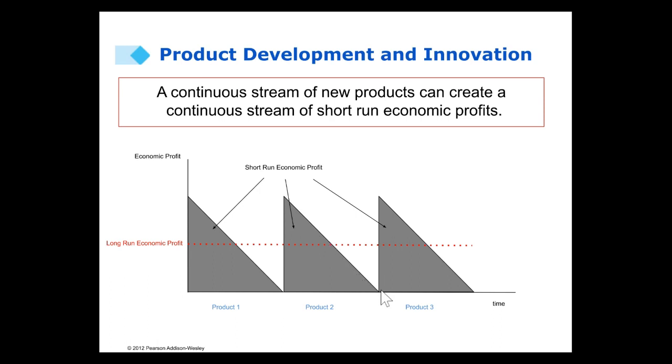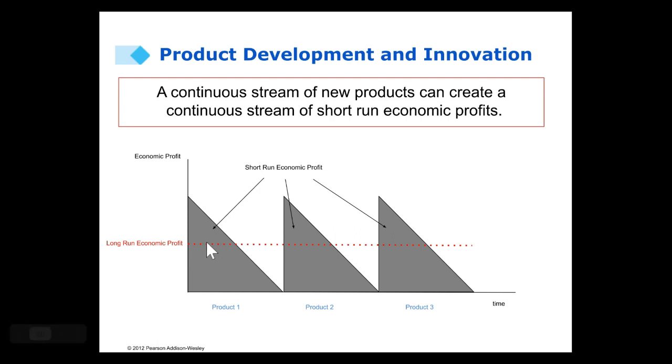They make product three. They make an economic profit for a short time. It goes away. And you can imagine that if you took an average of these short run economic profit triangles and you average them out, you would, in essence, have a series of short run economic profits, which is the same thing as a long run economic profit.